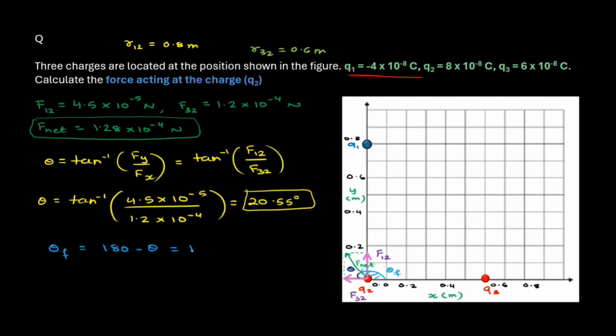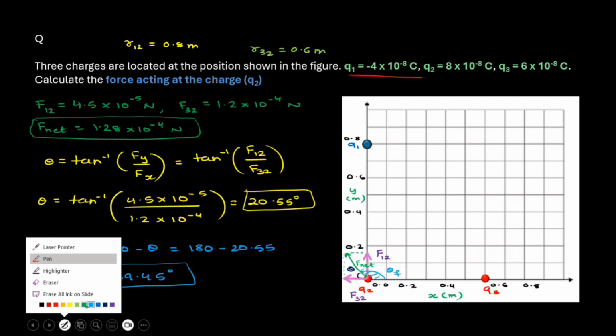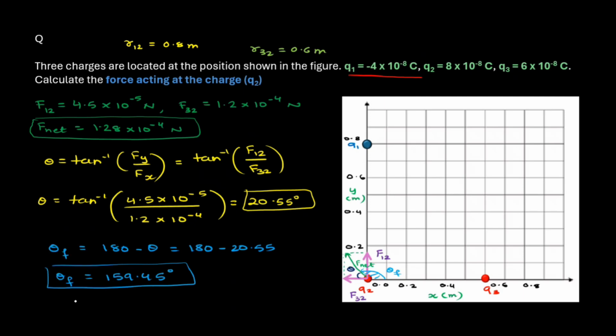So let's do that: 180 minus 20.55 gives me my final angle as 159.45 degrees. Therefore, I can write my final answer as the resultant force Fnet is 1.28 times 10 to the power negative 4 Newton, making an angle of 159.45 degrees with the positive x-axis.